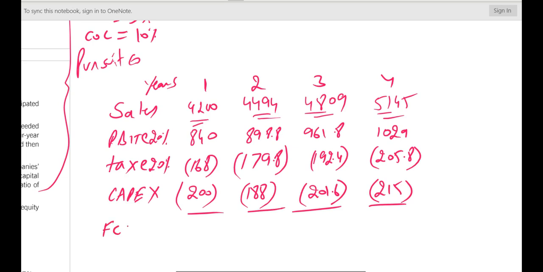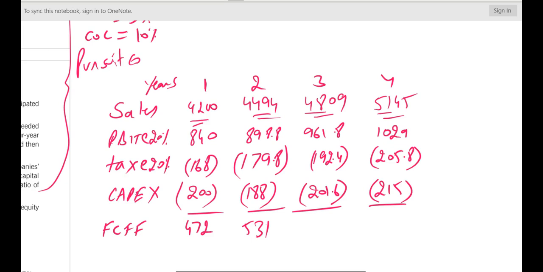So FCFF will be equal to 840 minus 168 minus 200, 472. 898.8 minus 179.8 minus 188, 531. 961.8 minus 192.4 minus 201.6.